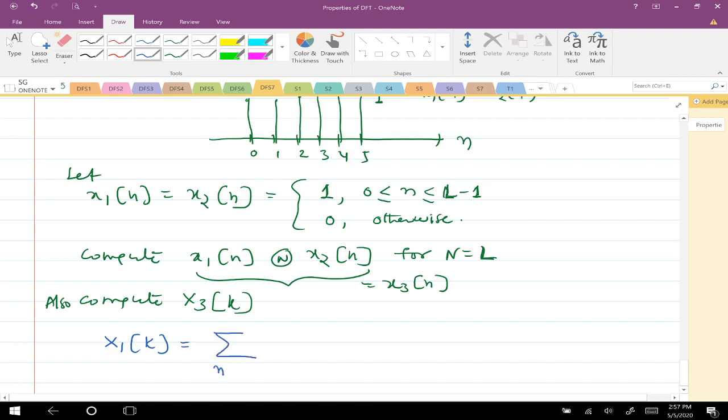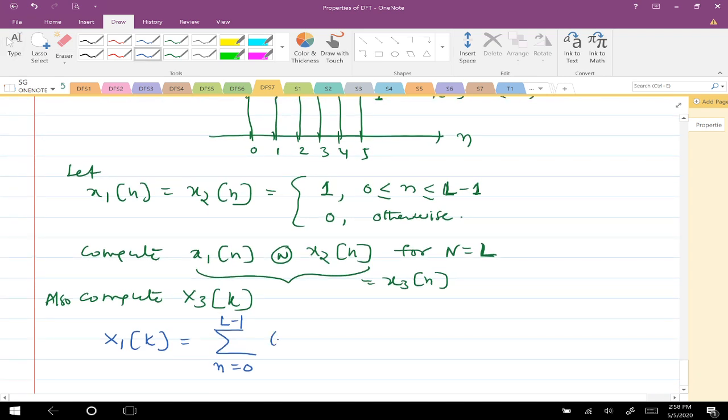So you are varying n from 0 to L minus 1, and its value during that is 1. Its value is 1 multiplied with e power minus j 2 pi by L times k times n.